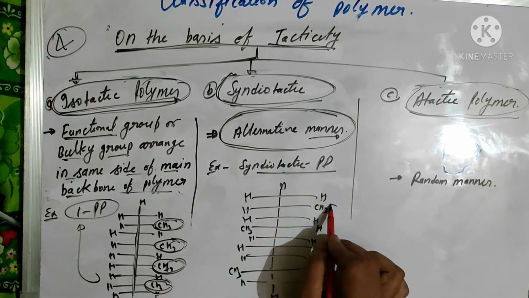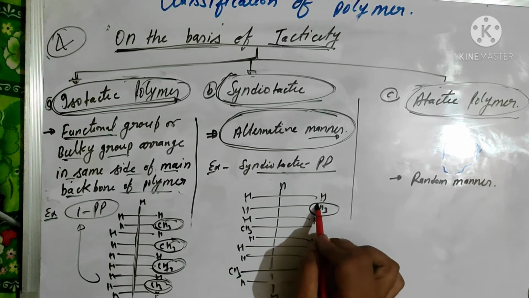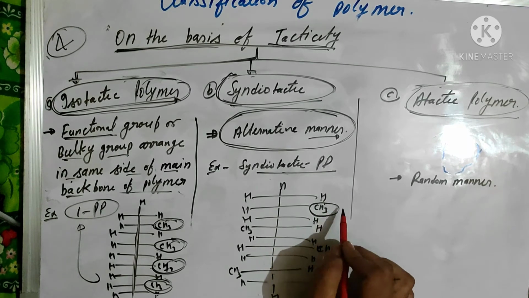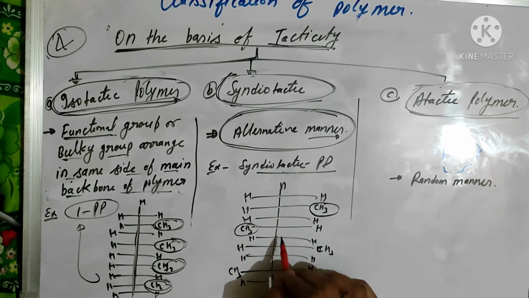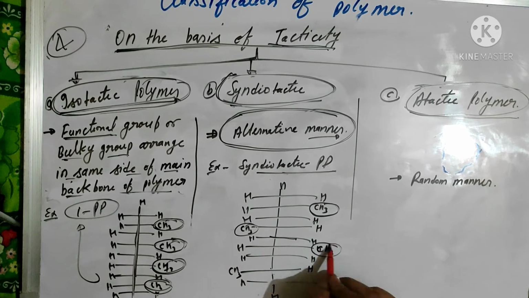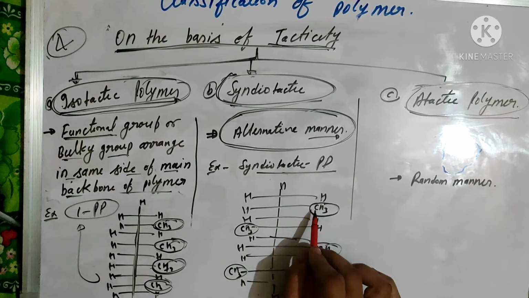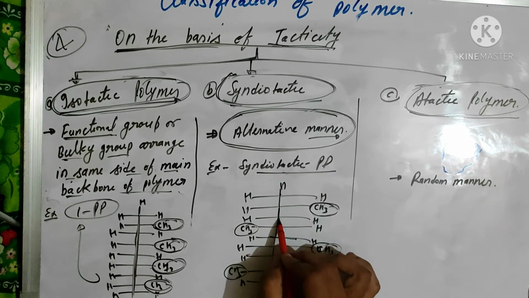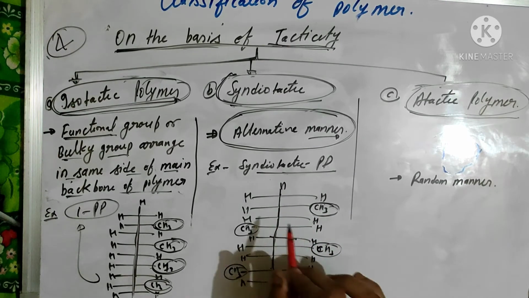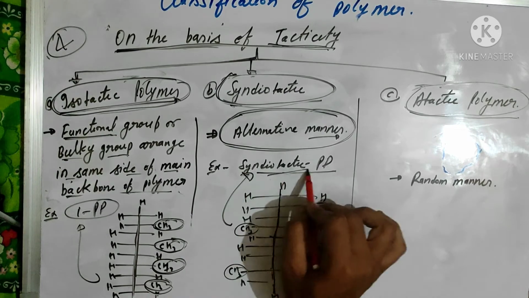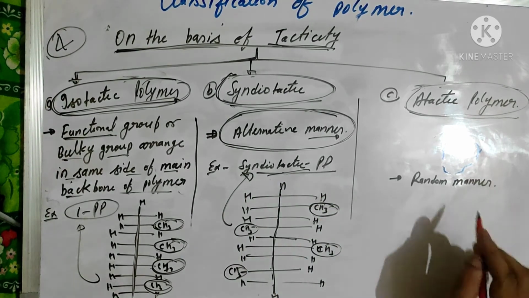You can see here the bulky group. One bulky group here, then again here, then after one chain length here and here. You can see this bulky group is arranged in an alternating manner surrounding the main polymeric chain. So it comes under the syndiotactic polymer.